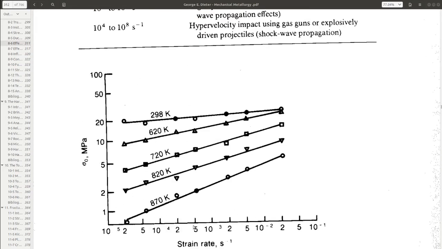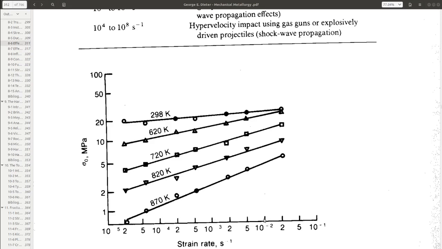The x-axis is strain rate, epsilon dot, and the y-axis is sigma naught, which is the yield strength. Both axes are on a log plot.